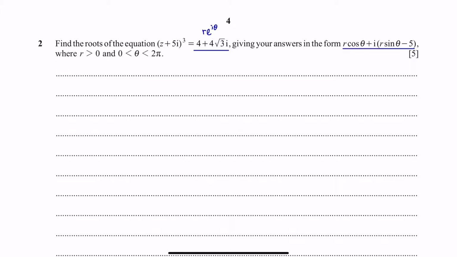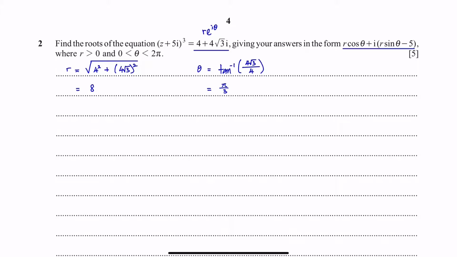Alright, so r can be found using the square root of 4 squared plus (4 root 3) squared. This will be 8, and theta can be found using arctangent of 4 root 3 over 4, and this will be pi over 3.